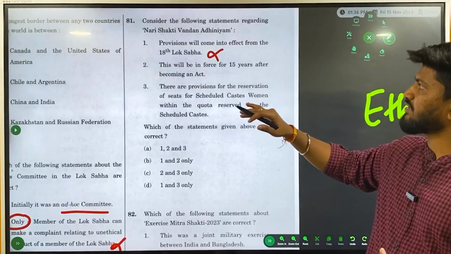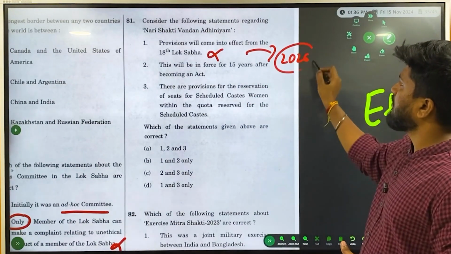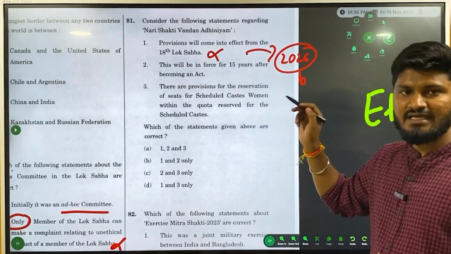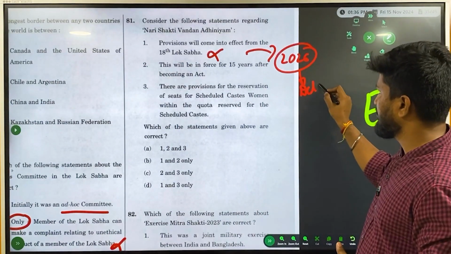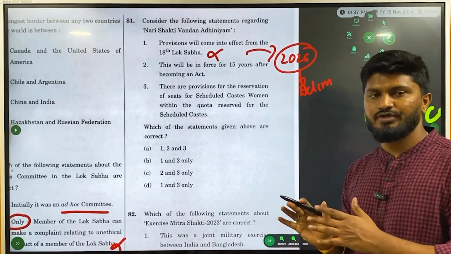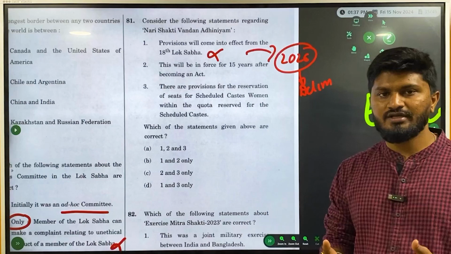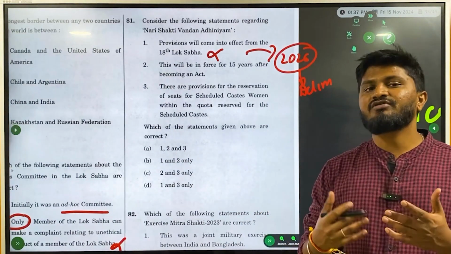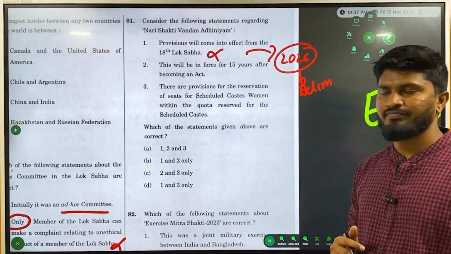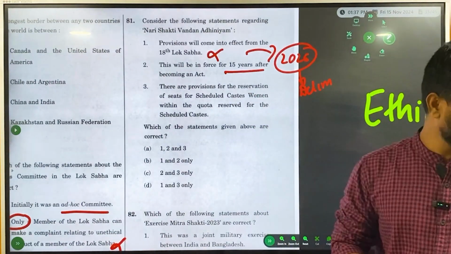Actually, according to the Nari Shakti Vandan Abhiyan, it will come into effect after the delimitation in 2026. Once the 2024 election is over, after 2026 there will be a Delimitation Commission. They will draw the boundaries and redraw the seats. After that, the reservation will apply for women, and it will be in force for 15 years after becoming an act.